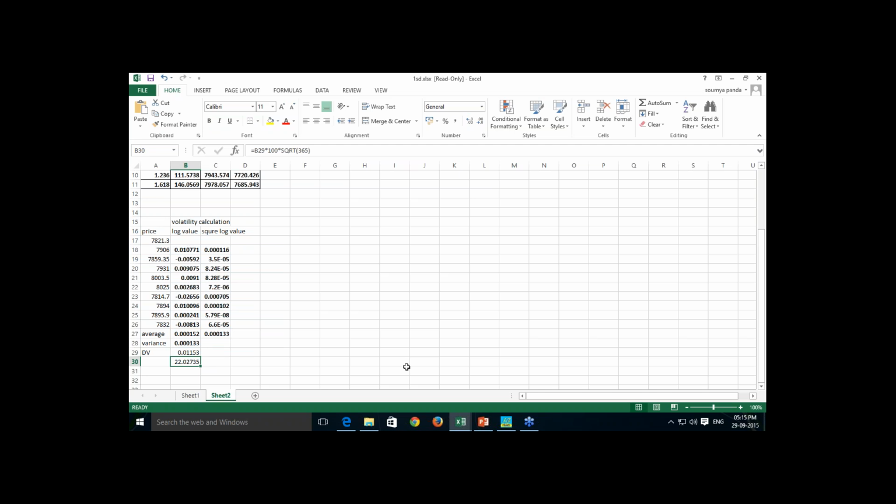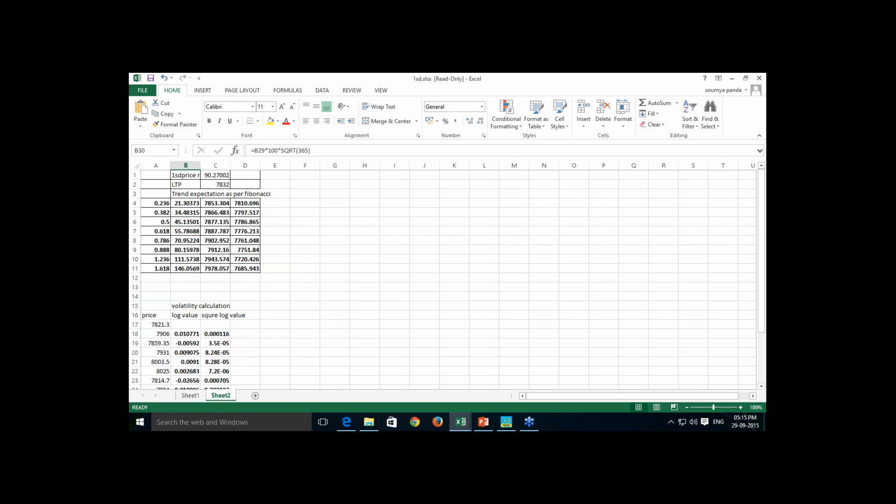So as of yesterday, as of 28th September 2015, the Nifty future has a volatility of 22% with reference to its past 10 days data.